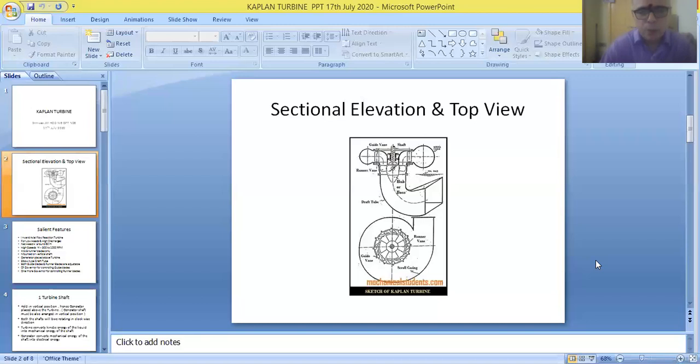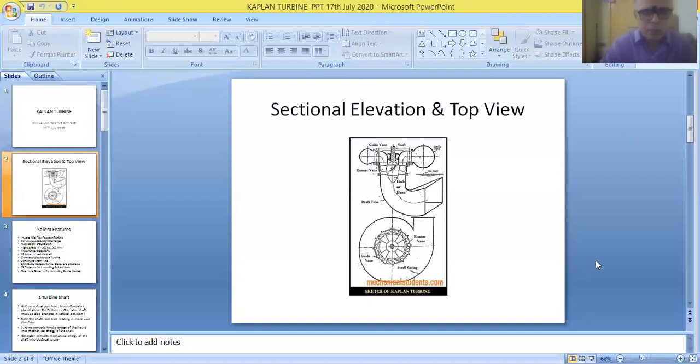So when the load on the turbine increases, it requires more quantity of water. So therefore, all the guide blades will be coming to open position, and more water will be entering the runner of the machine.